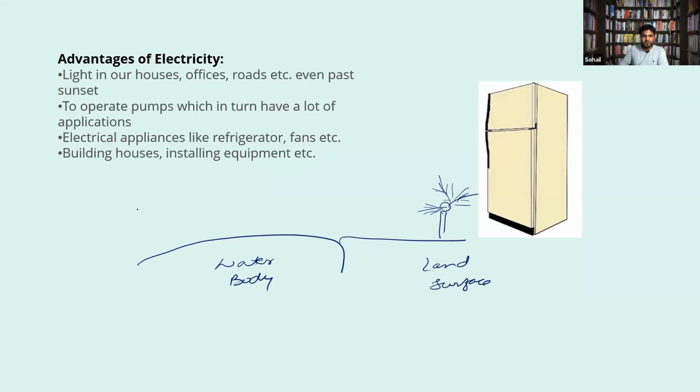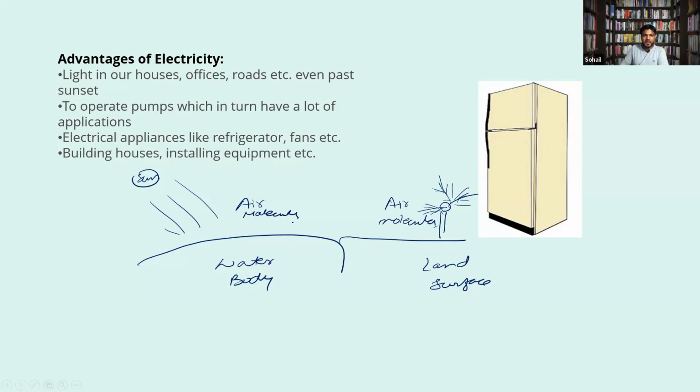Yes, Abu, you there, right? So during the daytime, what happens? Sunlight is falling on the water body, right? There are air molecules above the water body, and there are air molecules above the land also.